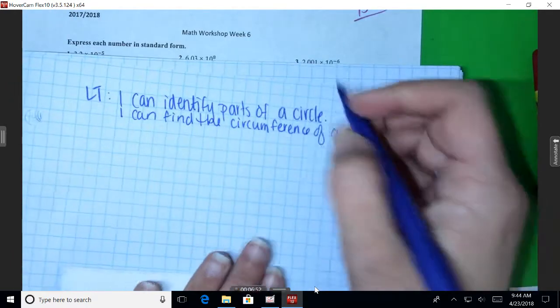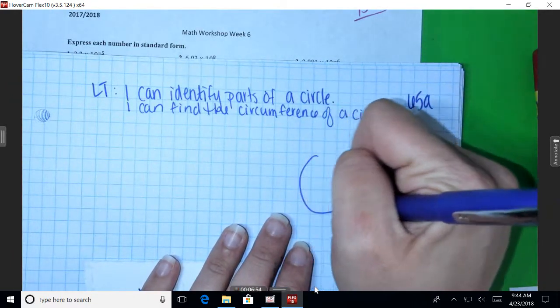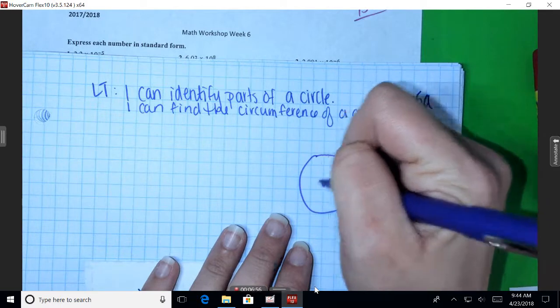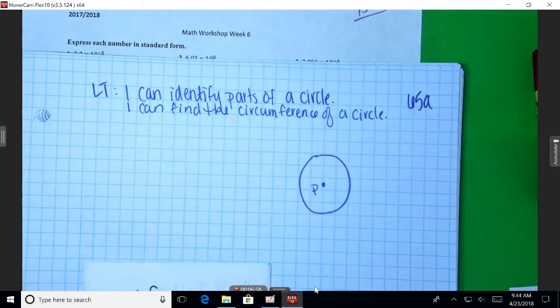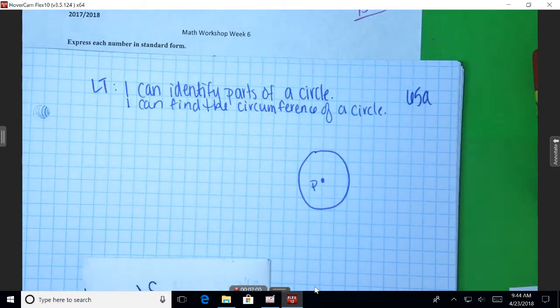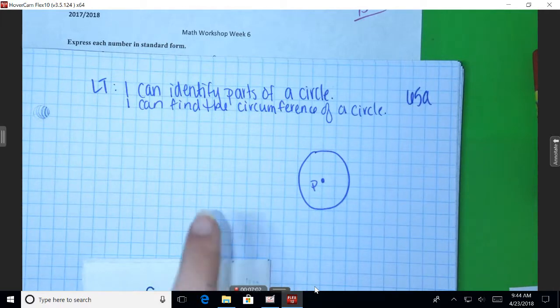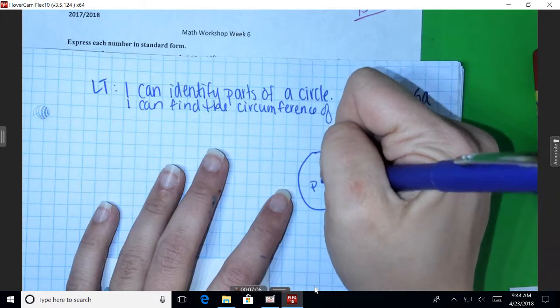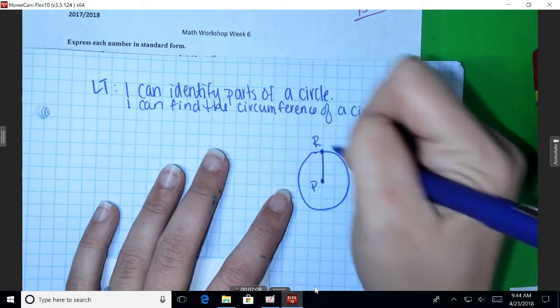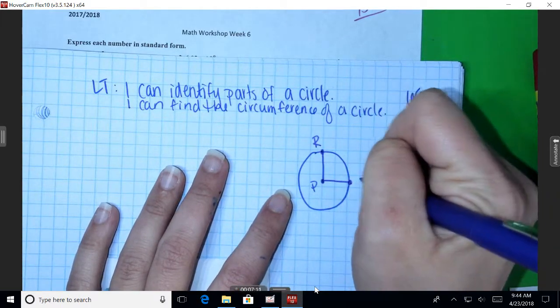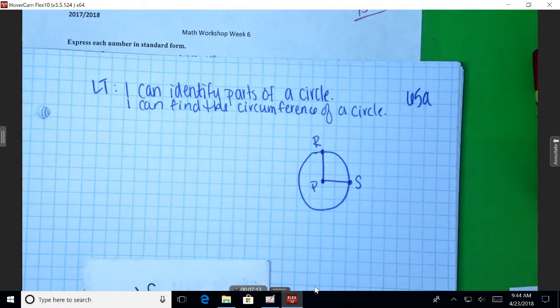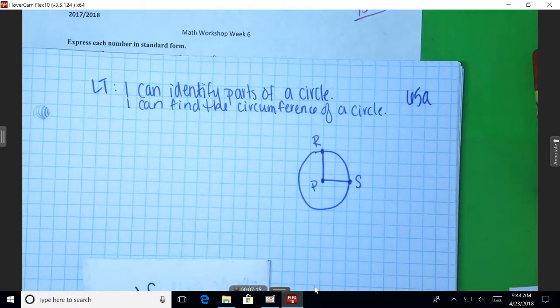All right, if I wanted you to name this circle, what would we call it? Circle P, because that's the only thing in the middle and that's the center. Take a point. If I wanted you to name a radius, what would you do? PR and PS, or SP.